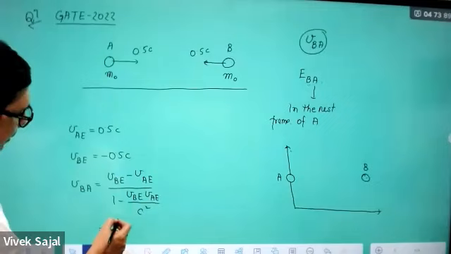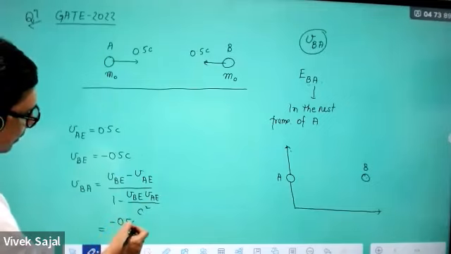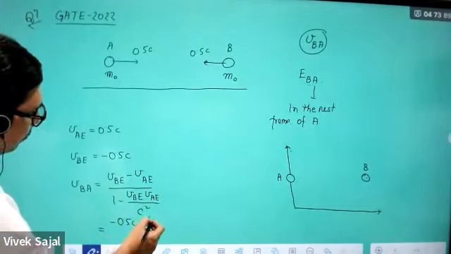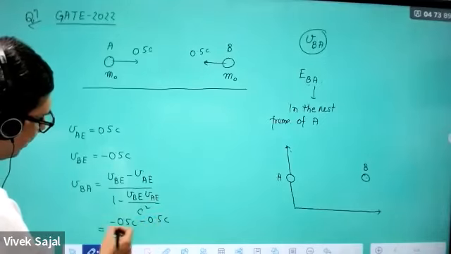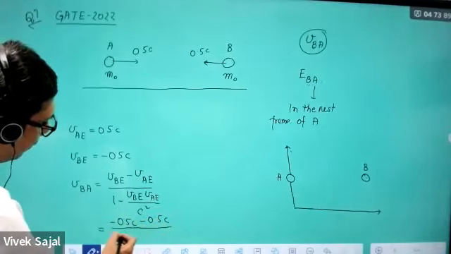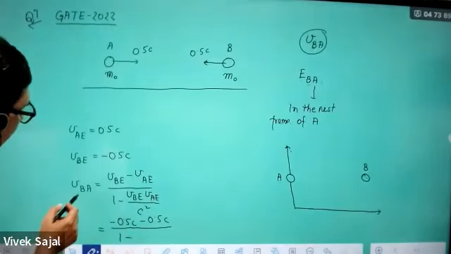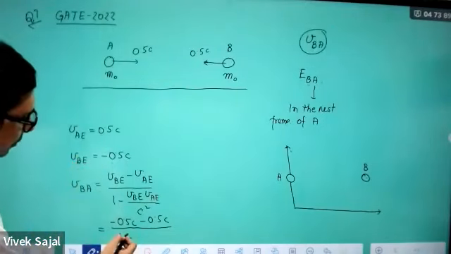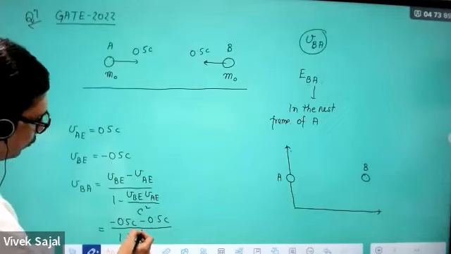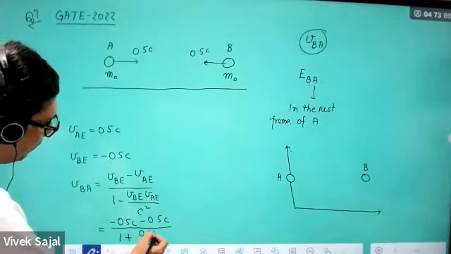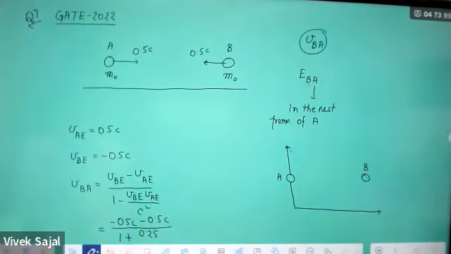So this will be minus 0.5 c divided by 1 minus... okay, one is plus, one is minus, so this will be plus 0.5 into 0.5, 0.25, and c square will cancel out.